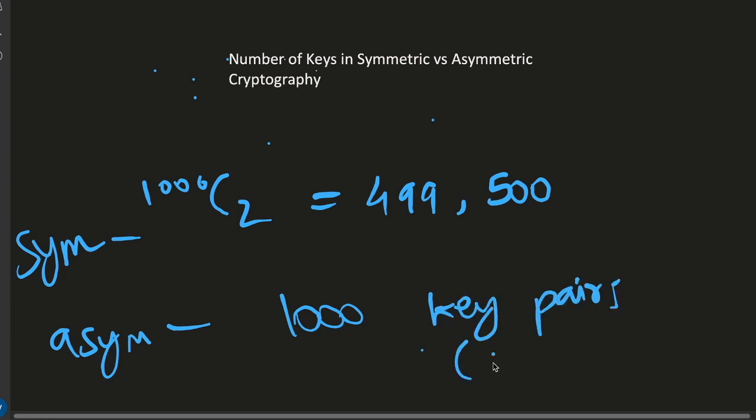By key pair, I mean a K plus and a K minus. So I hope now you're able to better appreciate asymmetric cryptography. As n gets bigger and bigger, the difference just grows and becomes very significant.